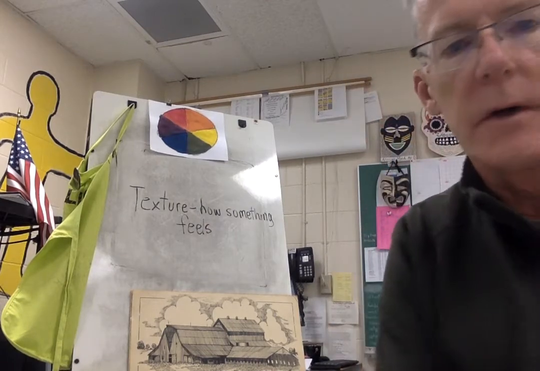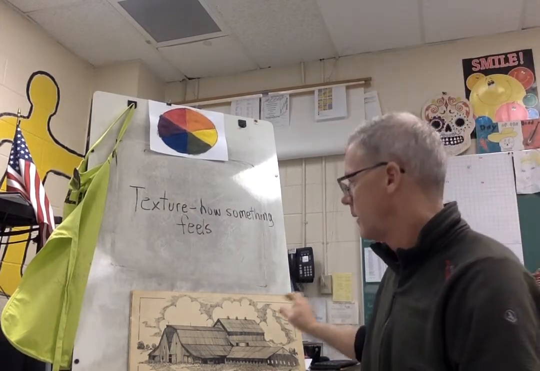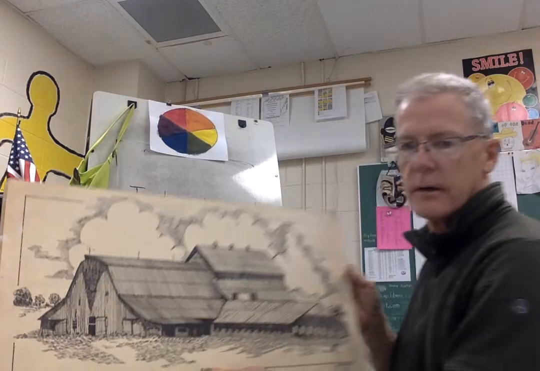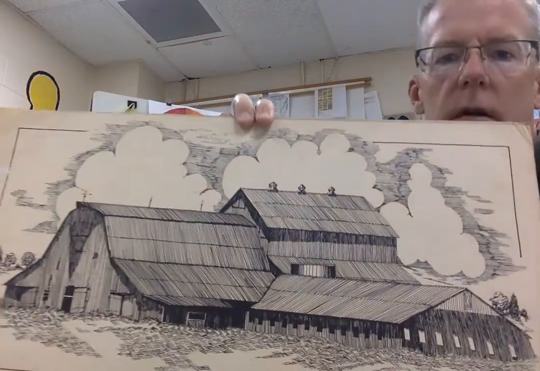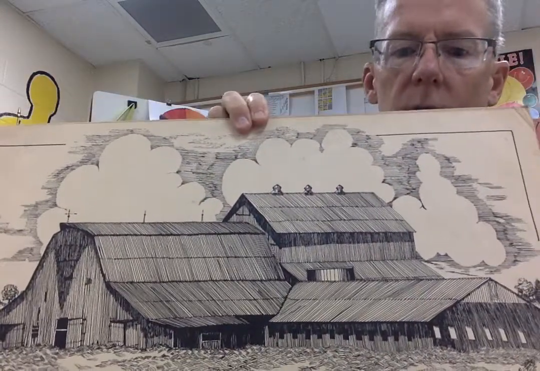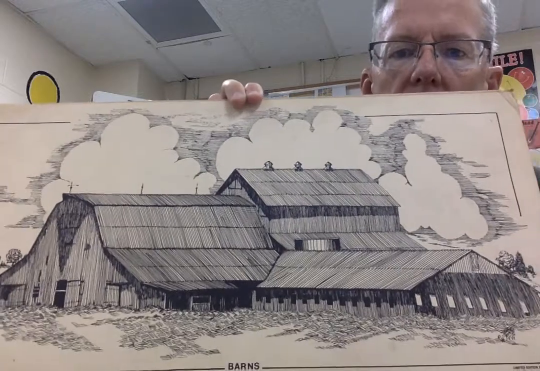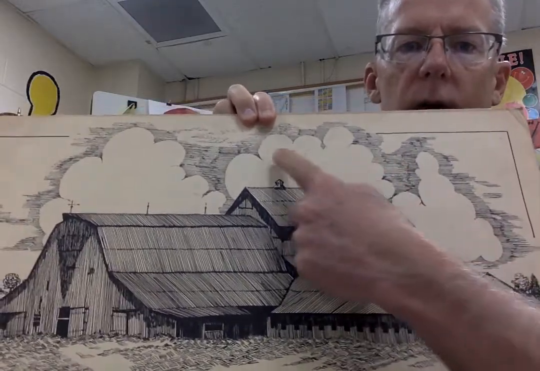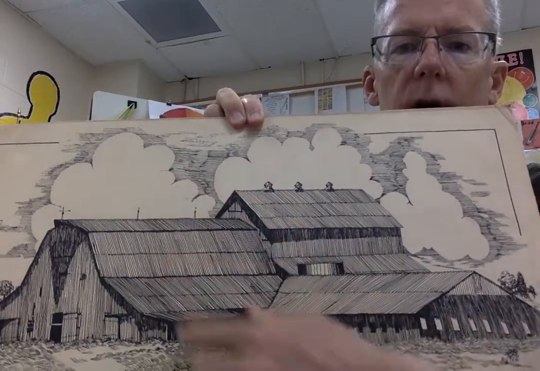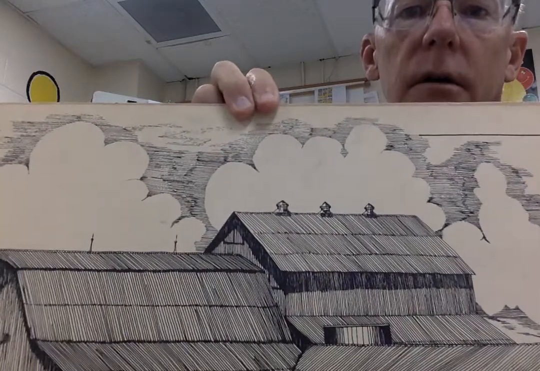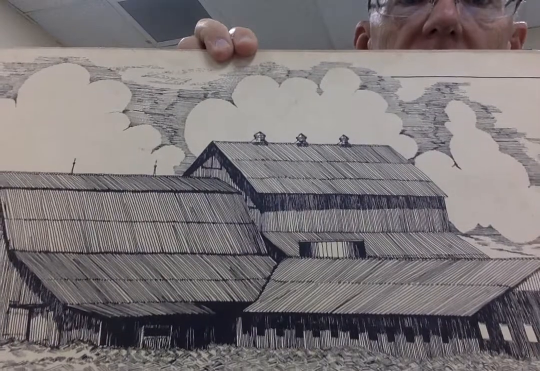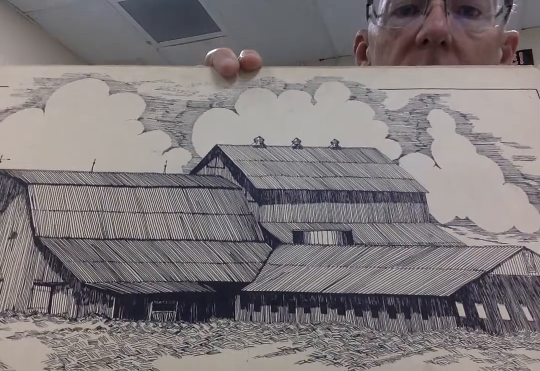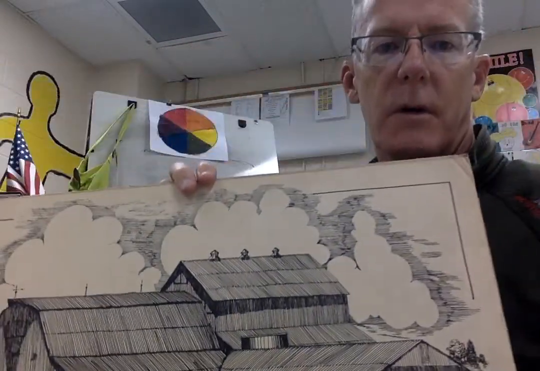And we're going to talk about this piece of art right here. It's a drawing of what? Yes, a barn. Okay, can you see that? Of course, some clouds over the barn. But if you look really close, there's lots of lines. Okay, remember the first lesson we had?